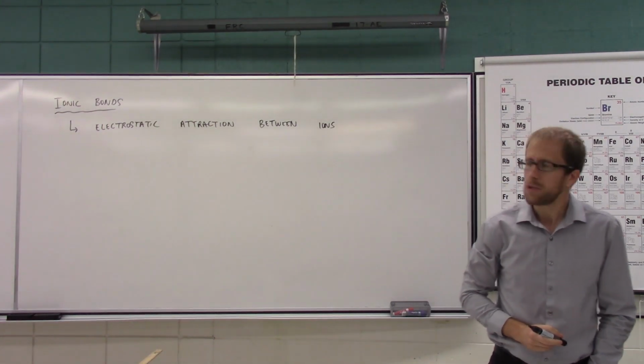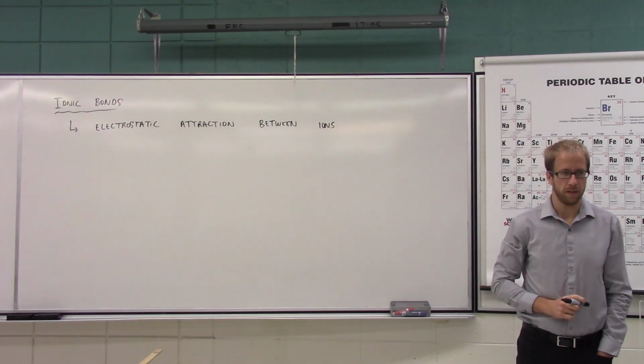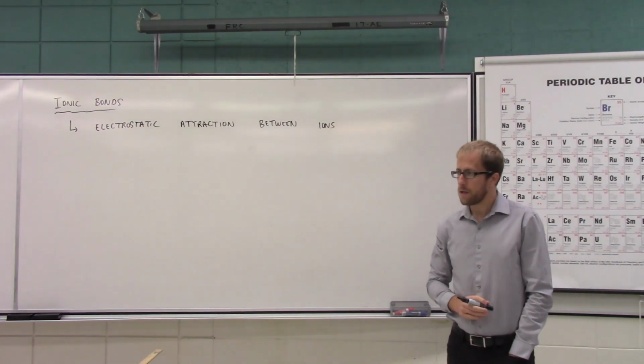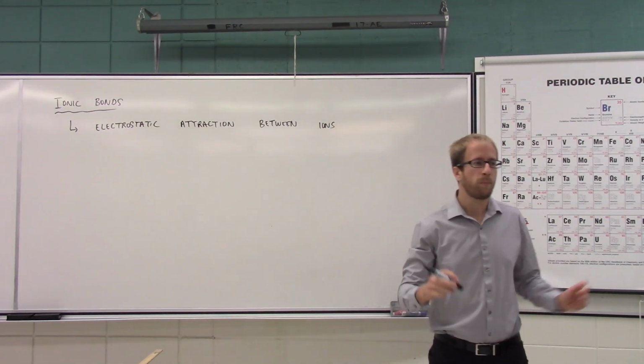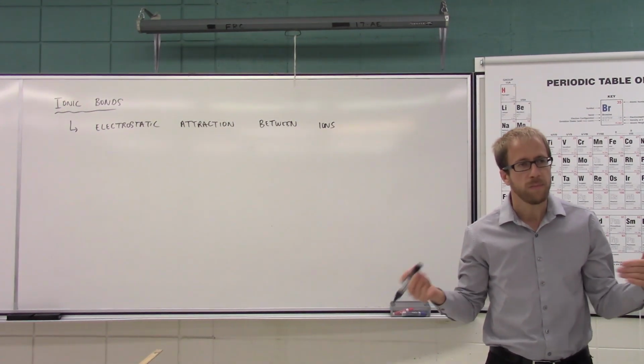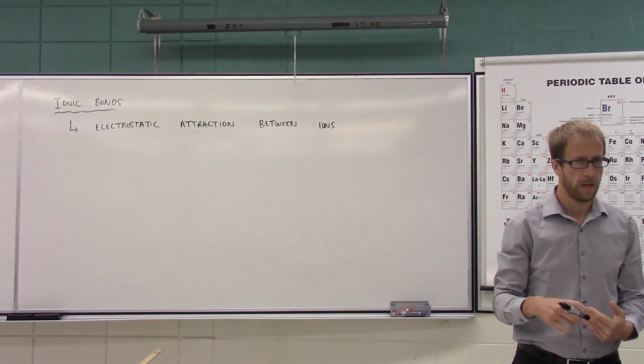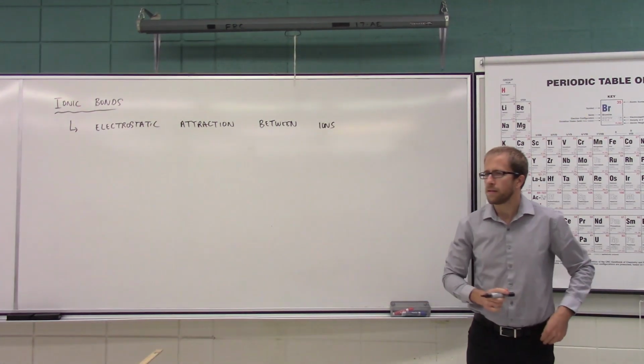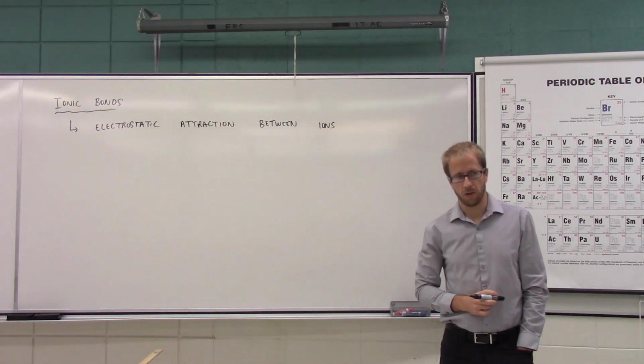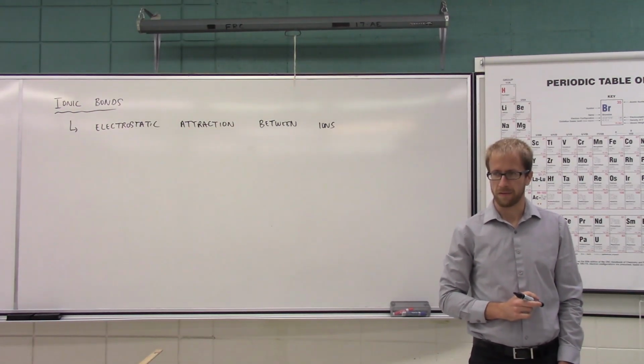The electrostatic attraction between ions. Here, electrostatic, we're talking about positives and negatives being attracted to one another. So in saying that, what do you think ions are, if you had to take a guess?